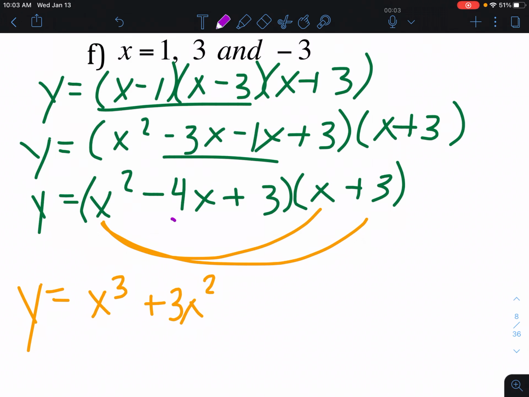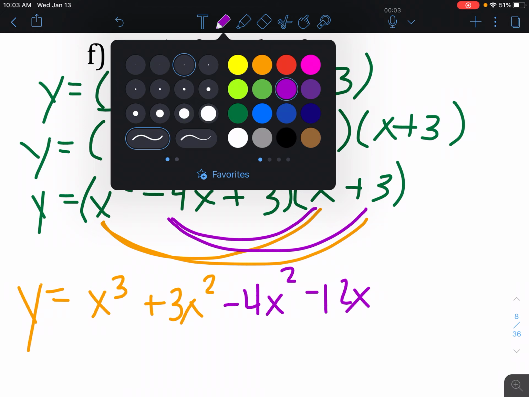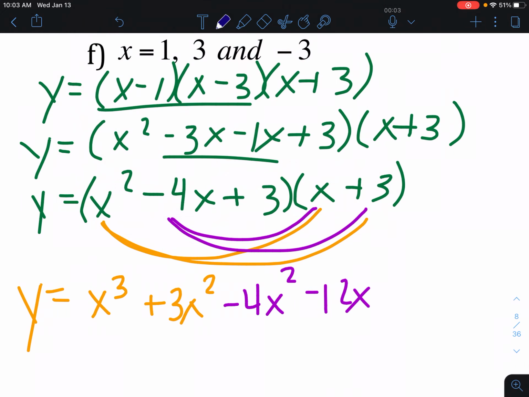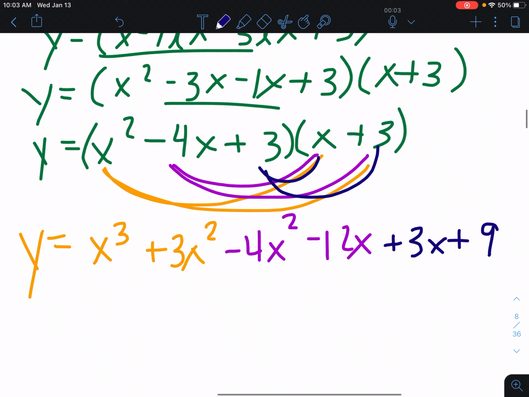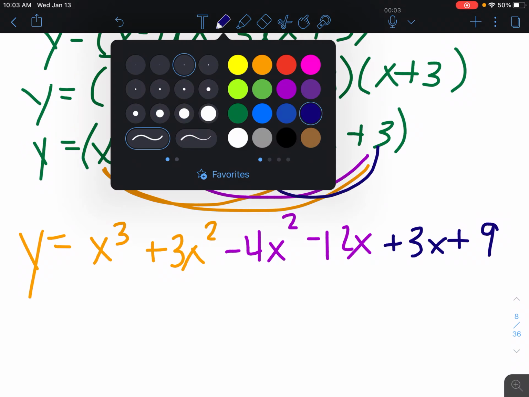Then the negative 4x distributes. So that'll be minus 4x to the second and minus 12x. And then the 3 distributes. So plus 3x plus 9. And then we can combine like terms here to finish the problem.